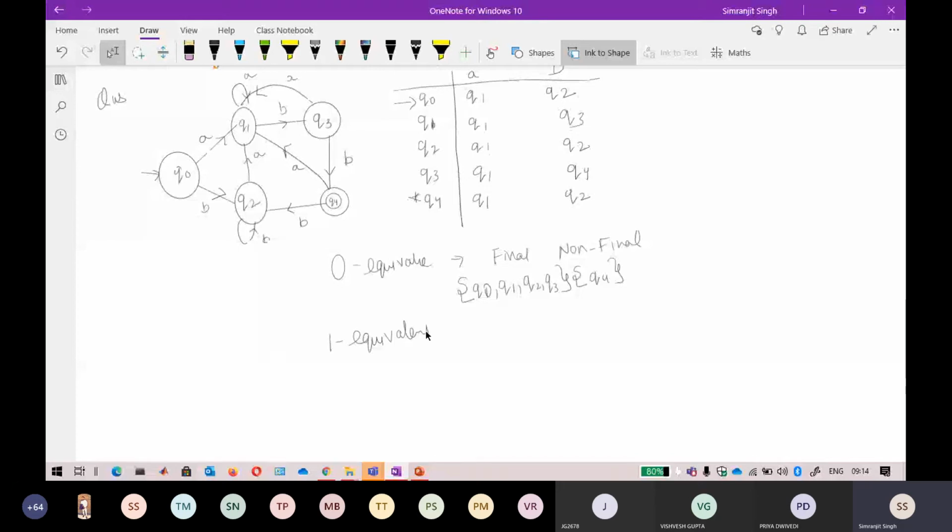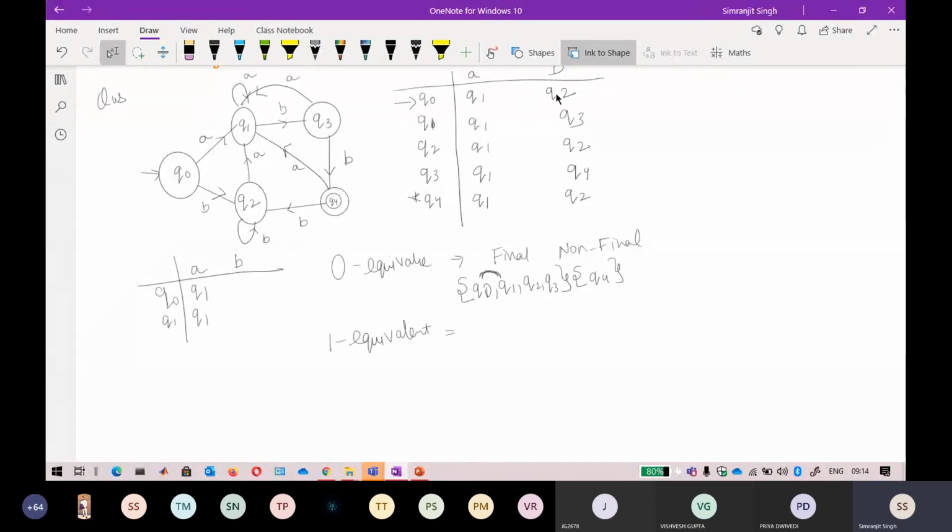what you do is check these two states, Q0 and Q1. If I write Q0 and Q1 here, on getting an input of A, now look clearly at this step. On A, Q0 is going towards Q1. On A, Q1 is going towards Q1 again.